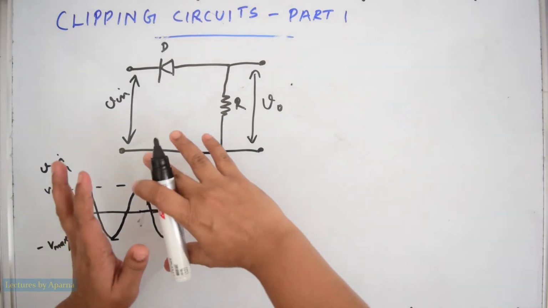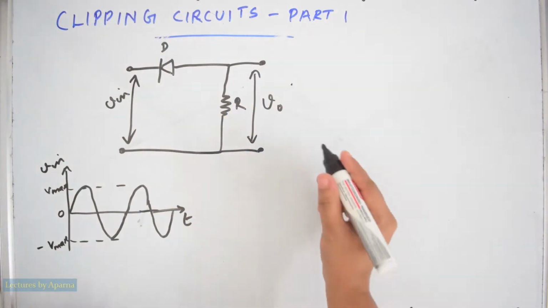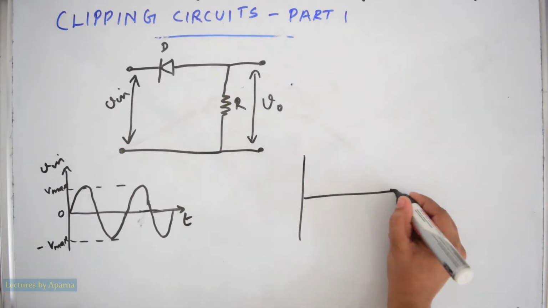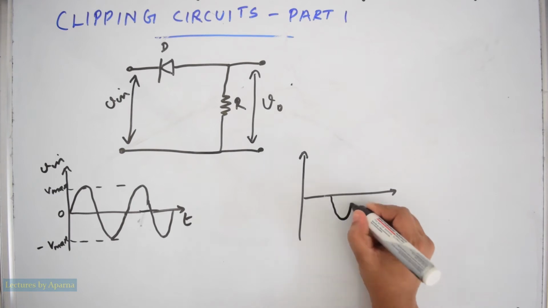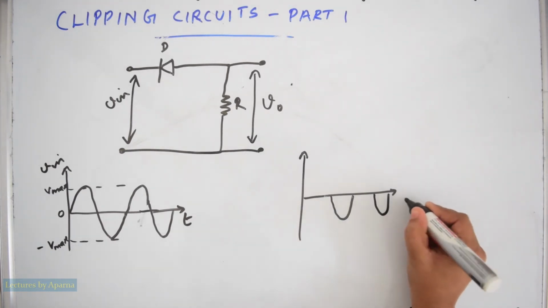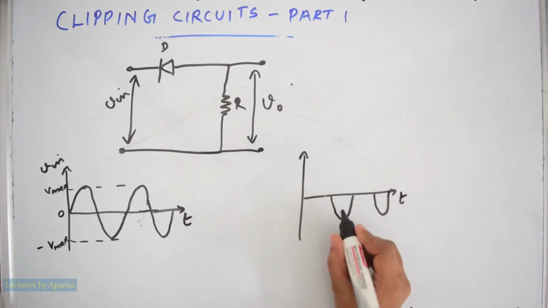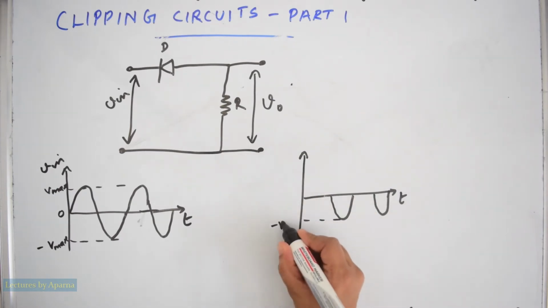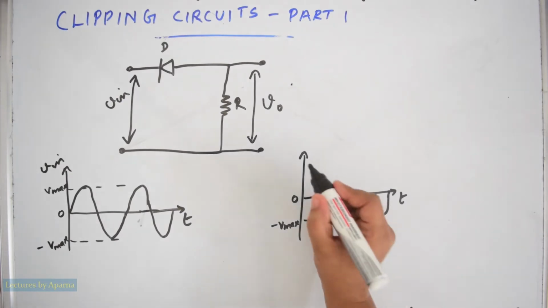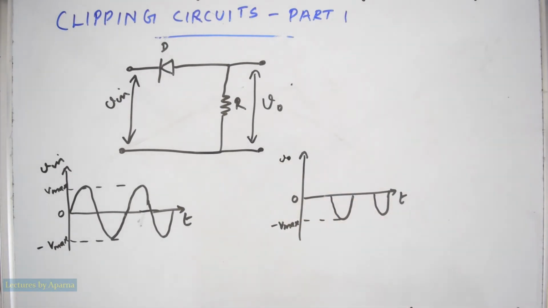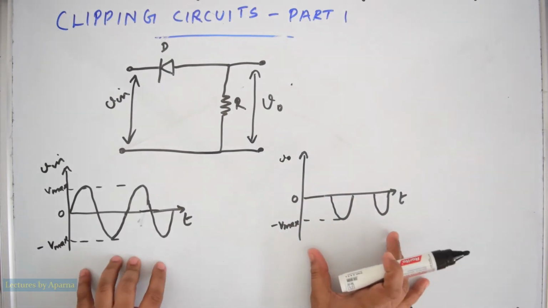After coming through this circuit, the output voltage V0 will look like this. This will be minus Vmax, this is 0, and this is V0. This is how the wave will look.